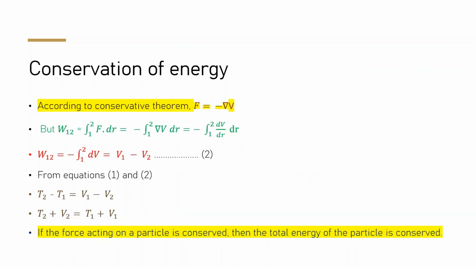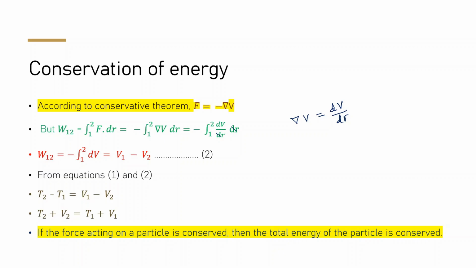Now, to get conservation of energy, we have to use the condition F is equal to minus grad V. You know the formula for work done, W12 equal to integral F dot dr. Then replace F by means of minus grad V. We know that grad V is our dV by dr. Then this dr gets cancelled.